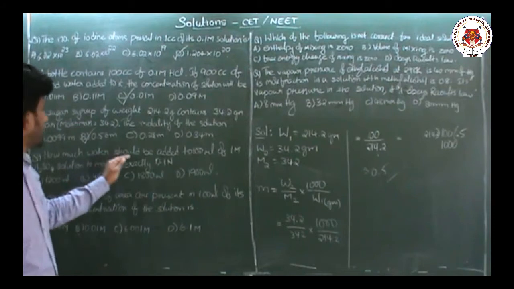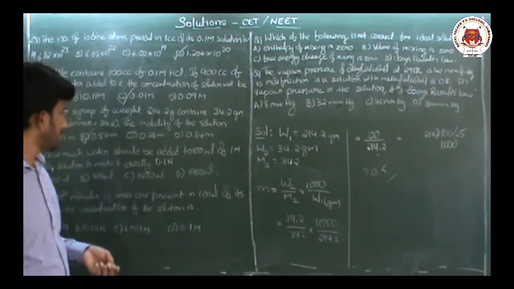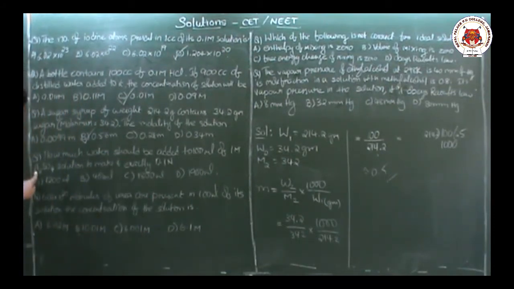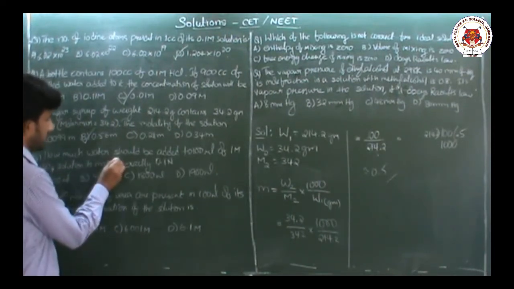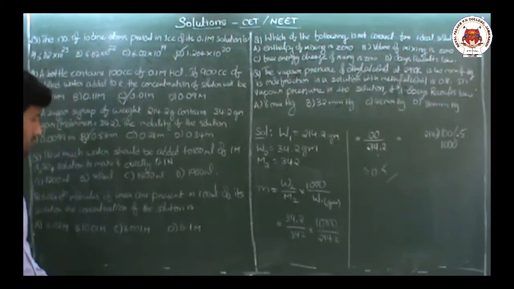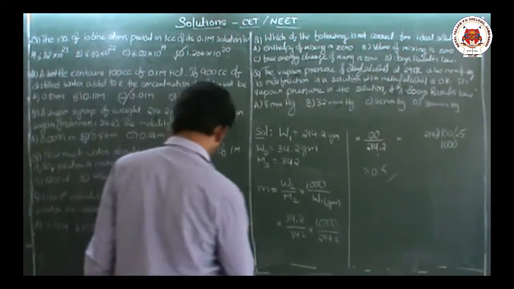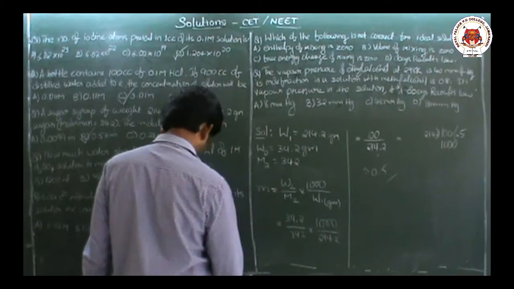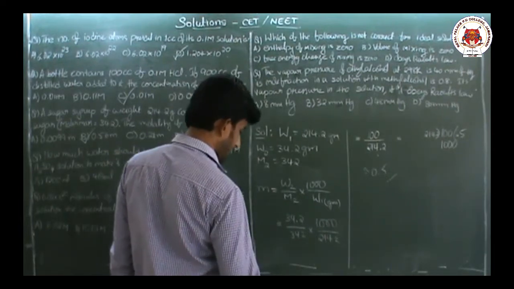How much water should be added to 100 ml of 1 molar H2SO4 solution to make it exactly 0.1 normal? Okay. Now in this question, normality and molarity is given to us.